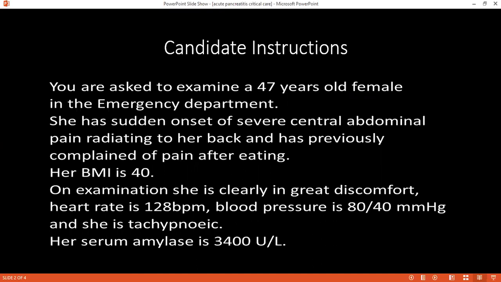Considering your provisional diagnosis, what is the pathogenesis behind it? What causes pancreatitis? Ma'am, if there is a gallstone, it may be due to duct obstruction and reflux of bile into the pancreatic ducts that may increase the intraductal pressure and ultimately cause damage of pancreatic acini.